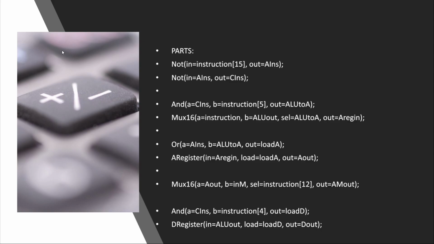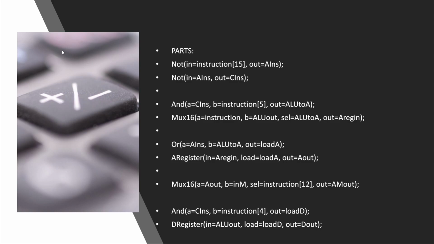For determining C instruction, we are using AND gate, and after that we will use MUX16 to decide whether instruction or ALU out would be stored in A register.